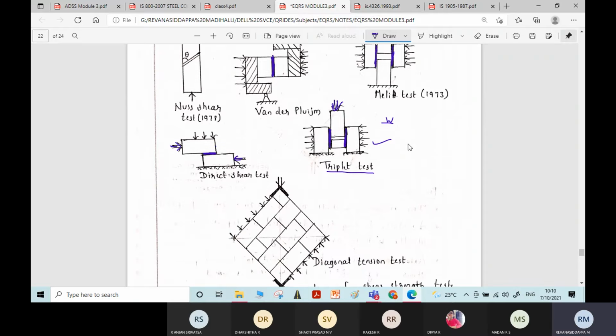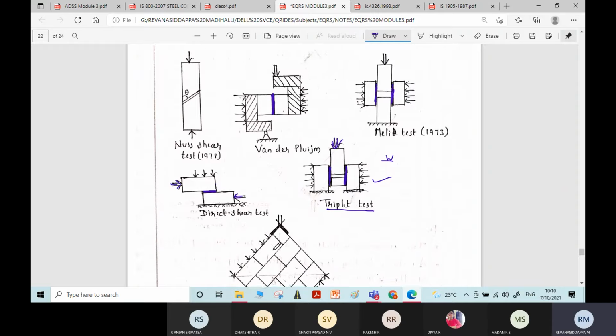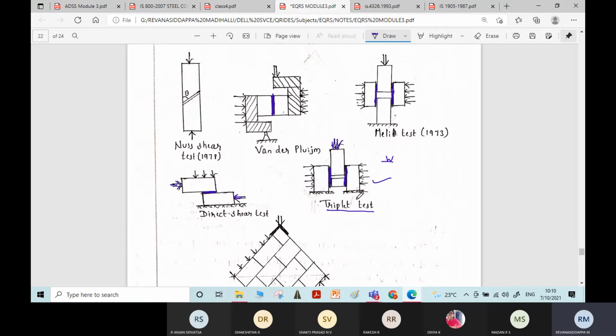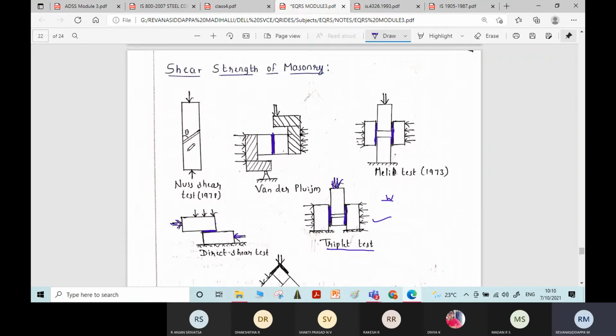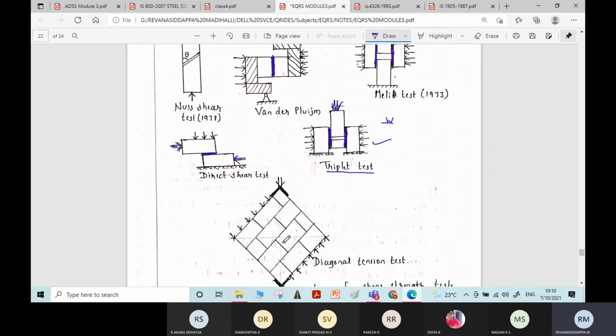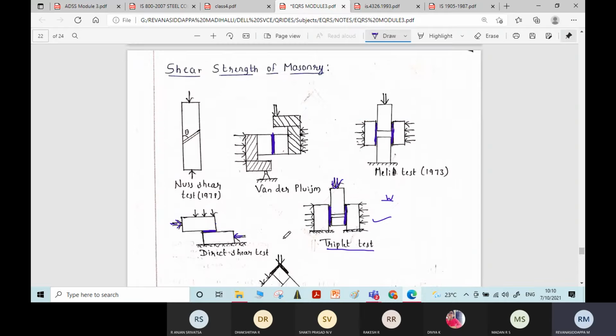When a masonry is subjected to shearing action, there will be contribution from bricks as well, right? No tests have considered the combined action of the brick while assessing the shear strength of the masonry. Here all tests are concentrated only at the joint.